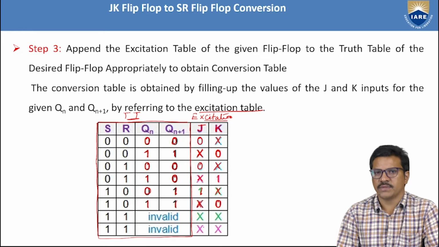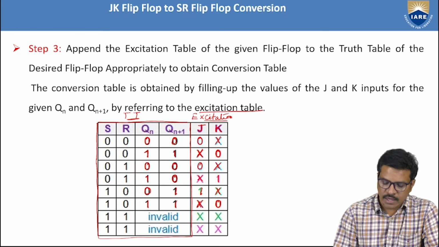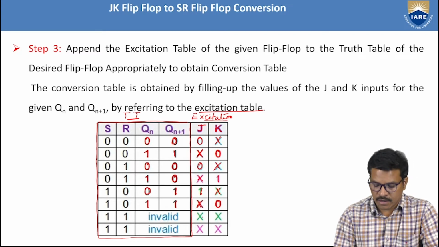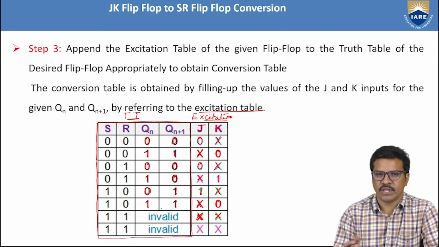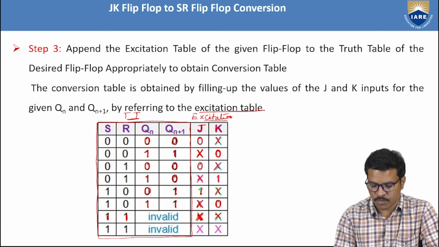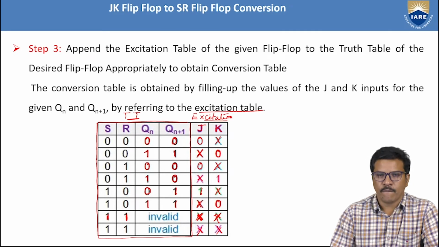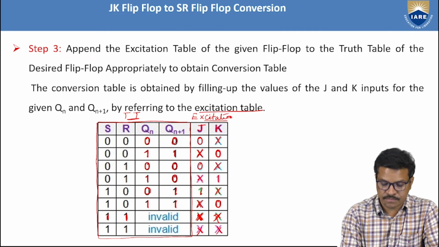And how to get this in the last two rows, the invalid rows? Irrespective of J and K, it is invalid. The present state and next state are both the same, and also when the input S and R is 1 1, it is an invalid case. For the invalid case, both J and K can be defined with don't cares. So now we have prepared the conversion table.